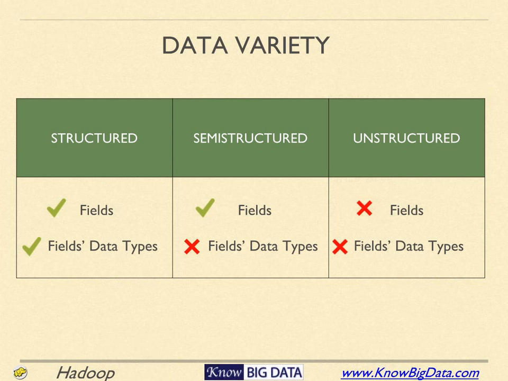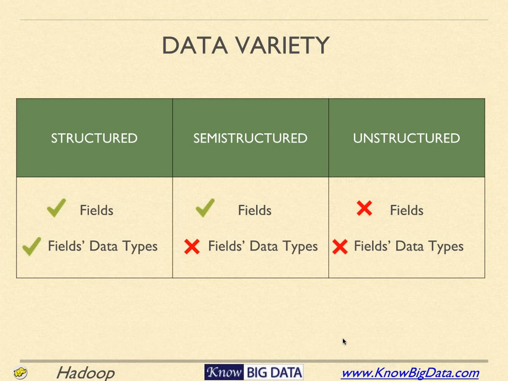So Arun's question is, can you give some more examples? For structured data, I gave the example of relational databases, and that's structured data. Relational database tables, JSON data, and sometimes XML data as well when you provide the extra definition with XML. But XML data is mostly semi-structured data.